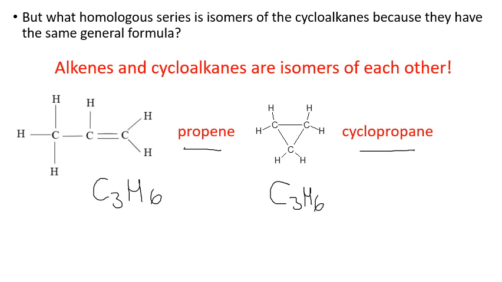So they fulfill the criteria of being isomers of each other. So try and remember that alkenes and cycloalkanes are isomers of each other. So if you're ever asked to draw two isomers of an alkene, then maybe you just need to move the double bond from one position to another, or you can draw the relevant cycloalkane.